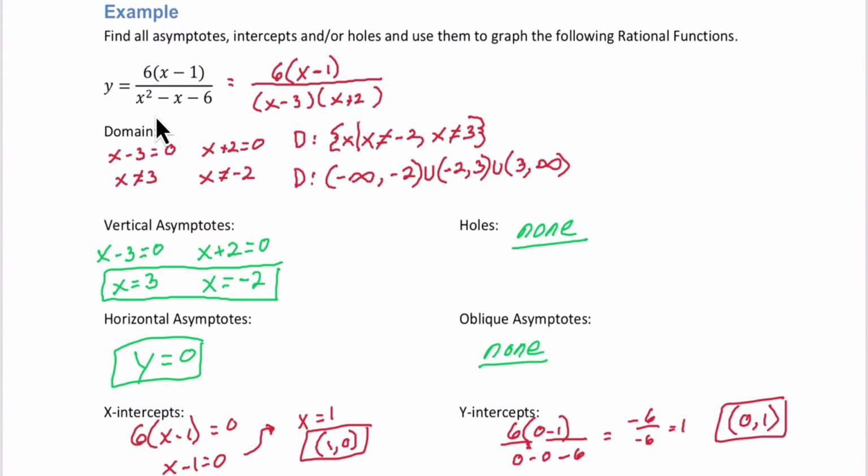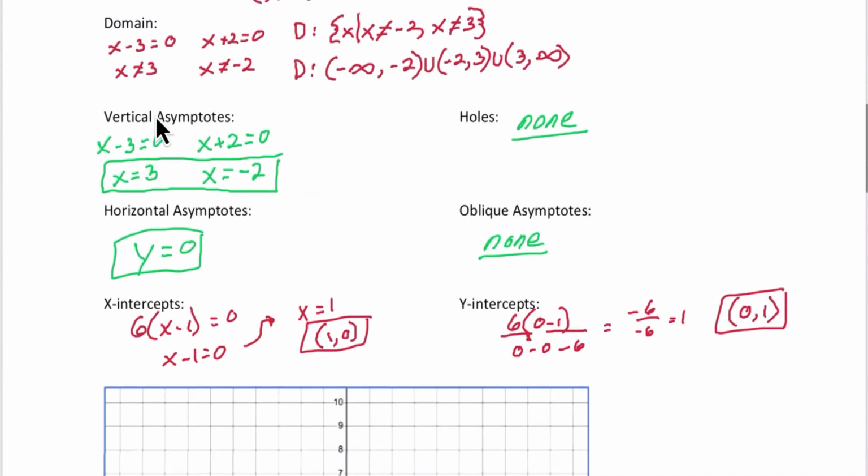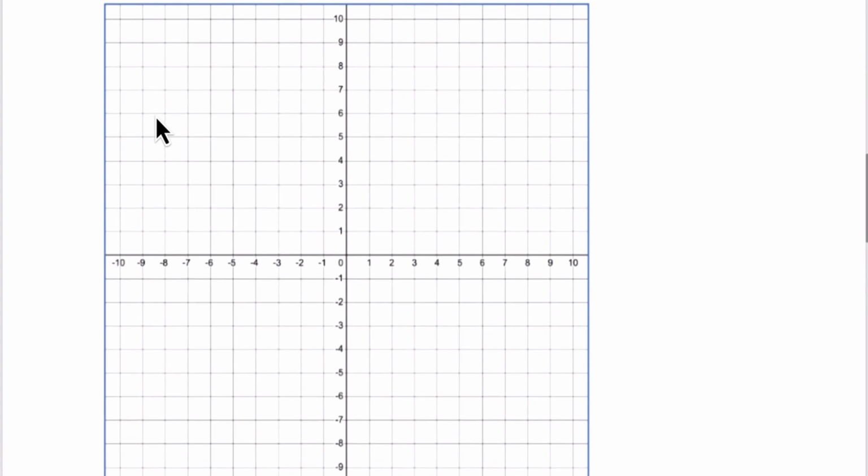Up first, let's look at the asymptotes. The vertical asymptotes are at 3 and -2. We also had a horizontal asymptote, which was y equals 0, the x-axis.